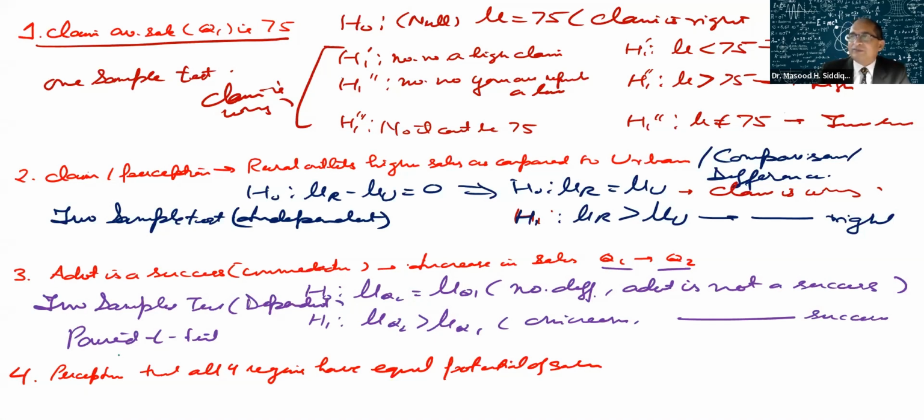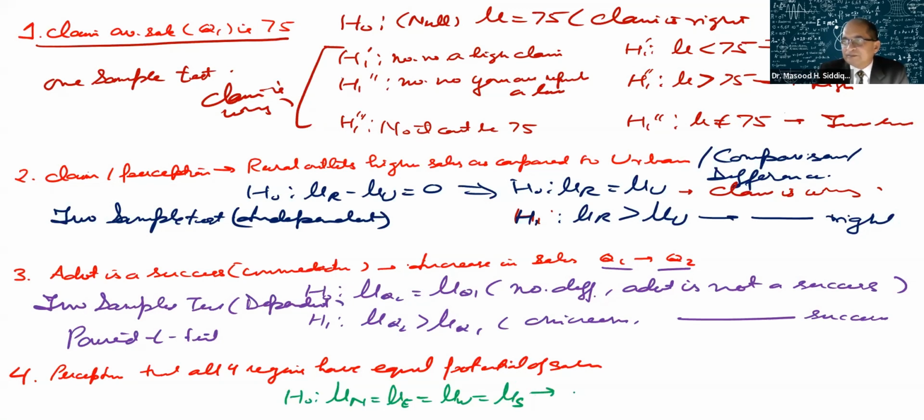And the last one, since here we have more than two regions and all regions are independent, we propose the hypothesis as mu north equals mu east equals mu west equals mu south, right?